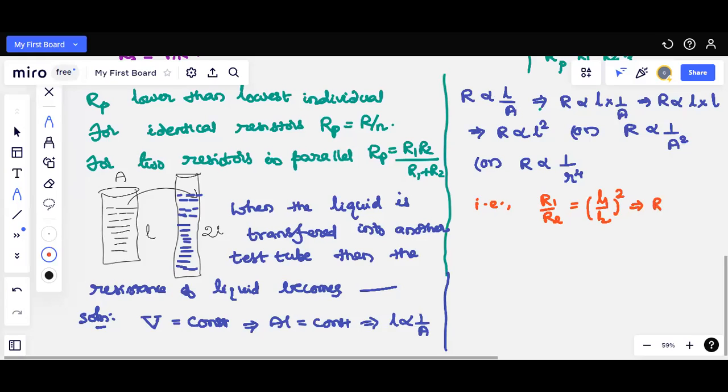That implies R2 is equal to L2 by L1 whole square into R1. L2 is 2L, whereas L1 is L. So R2 is 2 square times R1, that is 4 times the initial resistance, 4R, if the initial resistance is R.